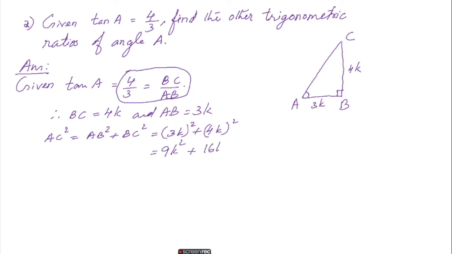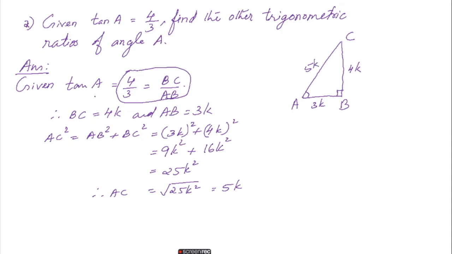This is 16k square. So 9k square plus 16k square, that is 25k square. What is that? AC square. Therefore AC is equal to square root of 25k square. What is square root of 25k square? That is 5k. So we got AC also, that is 5k.